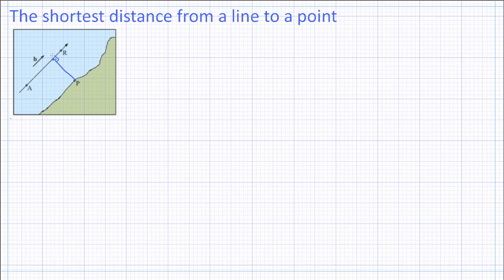I'll call this point S. So we could express a vector relation between this vector B, which is the direction vector of this line, and this other vector here, PS, which is our vector pointing from the beach. If we do the dot product with vector B, our direction vector, it should be 0 because they are perpendicular.